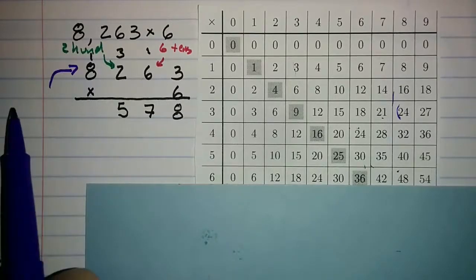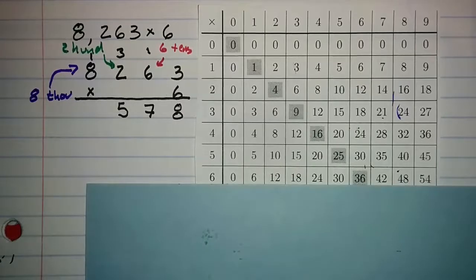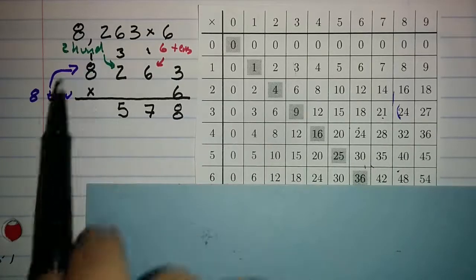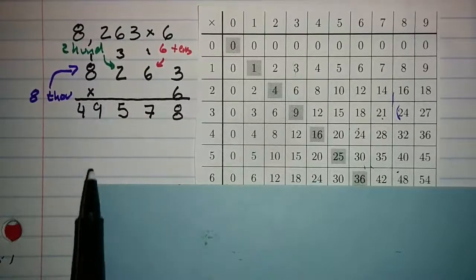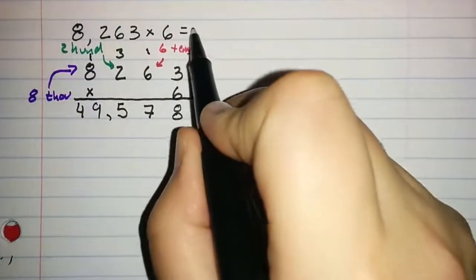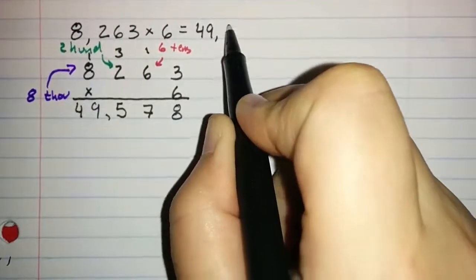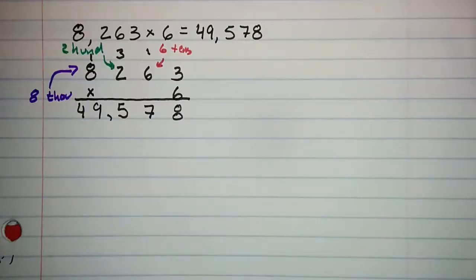Now this 8 over here represents 8 thousands. So when I multiply 6 times 8, it's 48. That means I have 48 thousands. Add in the 1 that I carried, that's 49 thousands. My product is 49,578. So what do we notice?